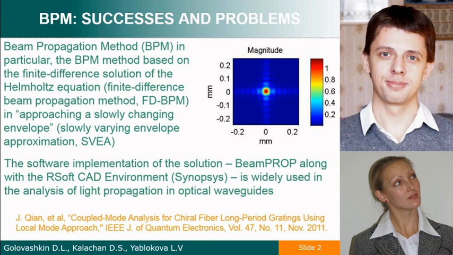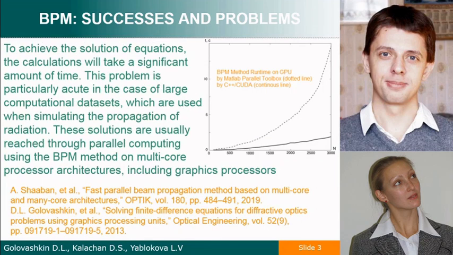The software implementation of the solution, along with CAD environment packages, is widely used in the analysis of light propagation in optical waveguides. It is clear that a difference solution of an equation using partial derivatives will take a significant amount of time.